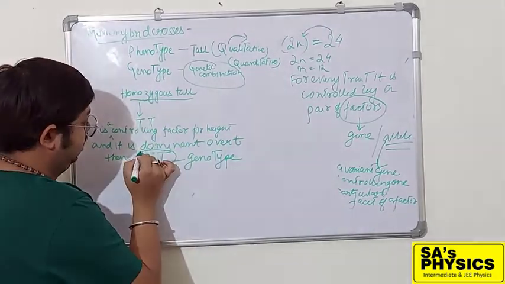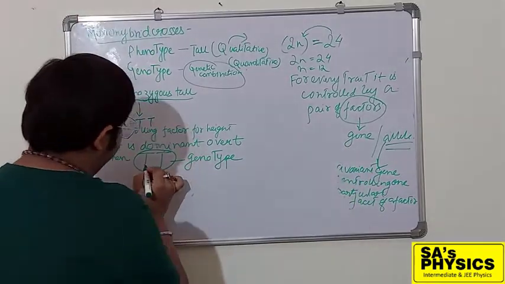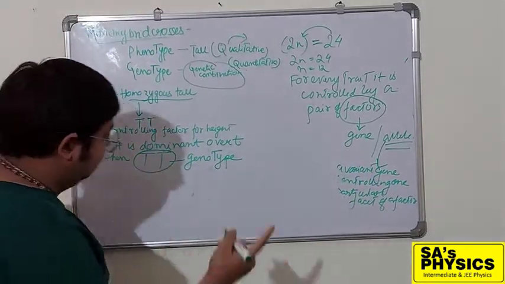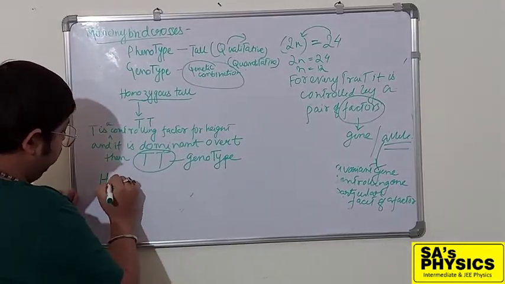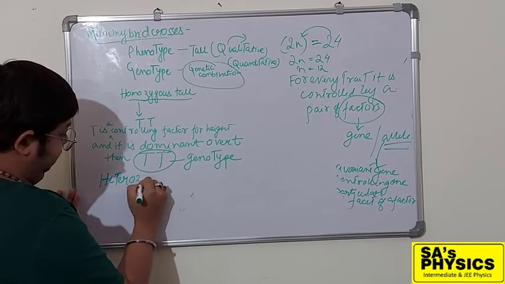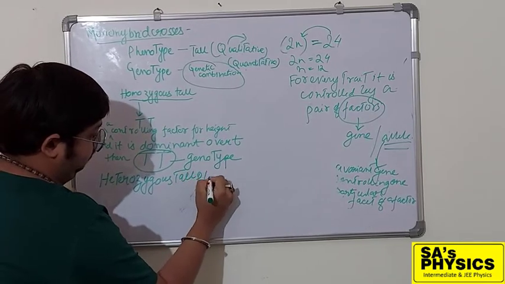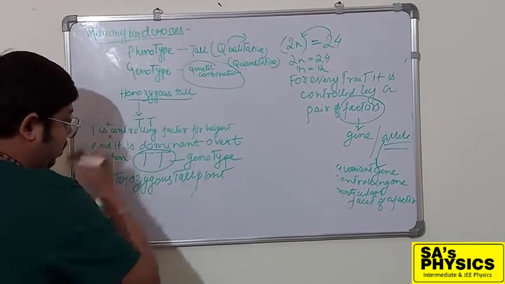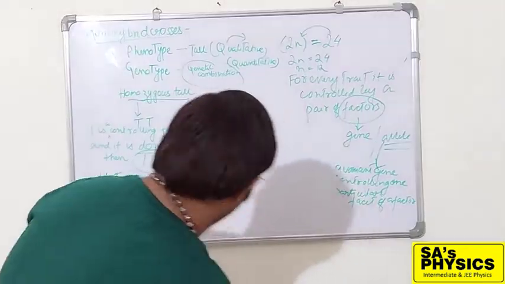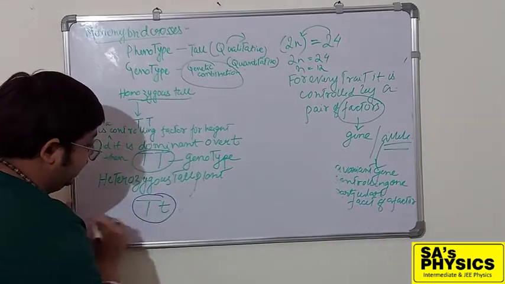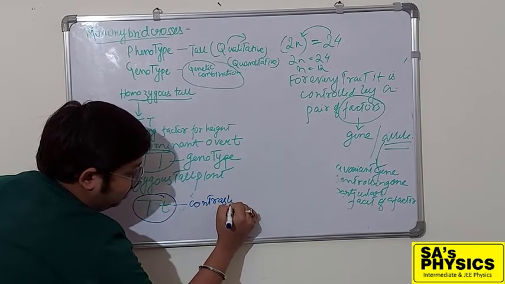If capital T is dominant over small t, the genotype will be capital T, capital T. Similarly, if someone says heterozygous tall plant, what will be the genotype? Genotype will be capital T, small t, right? Heterozygous, that means there are contrasting pairs of alleles.